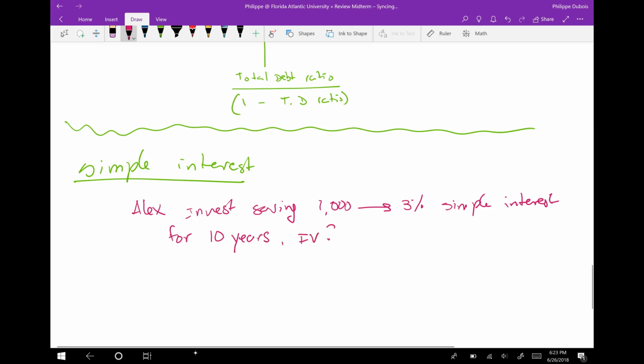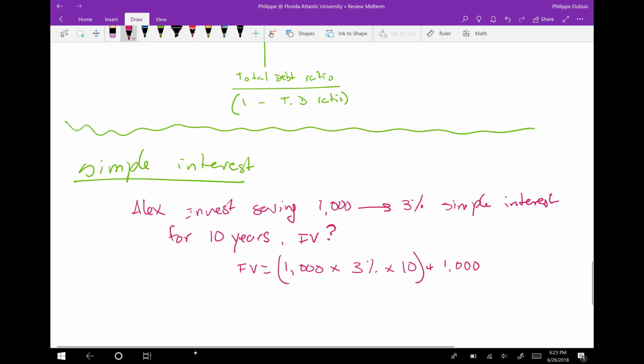Okay, so the difference between the compounding and the simple interest would be, future value would be 1,000 times 3% times 10, plus 1,000.